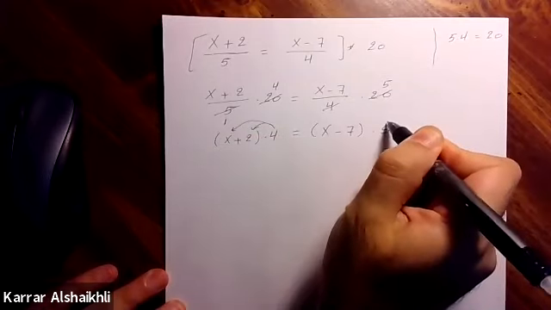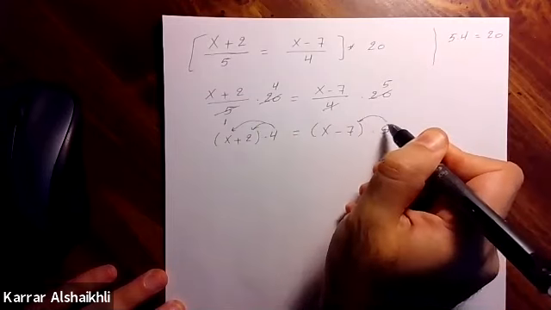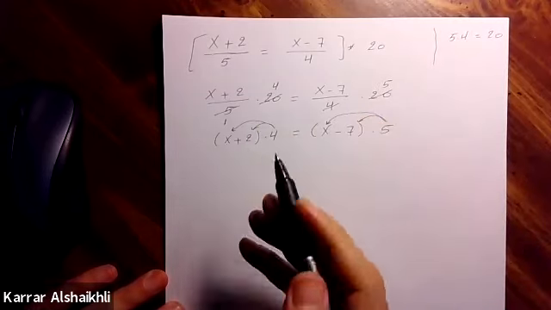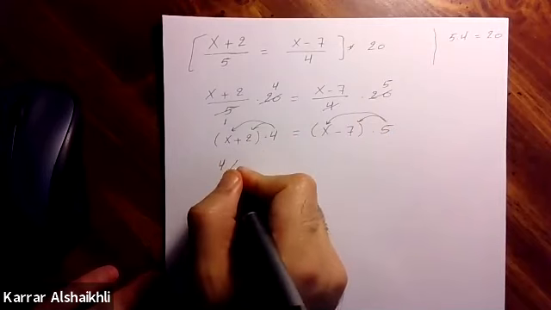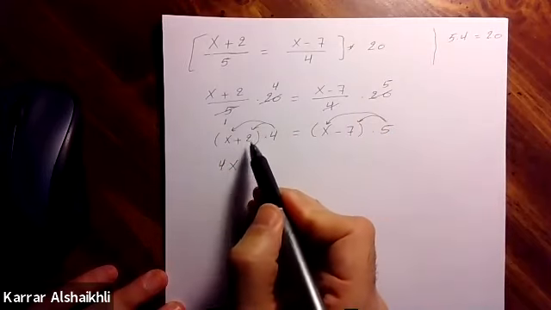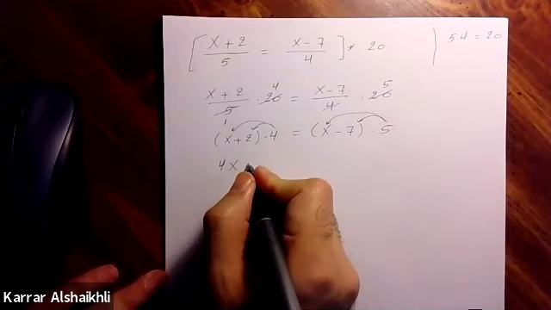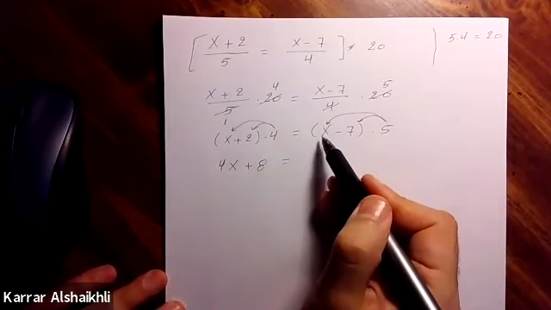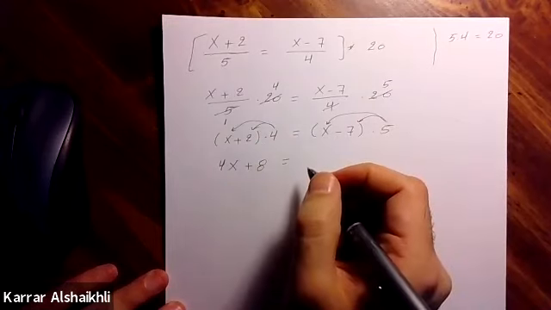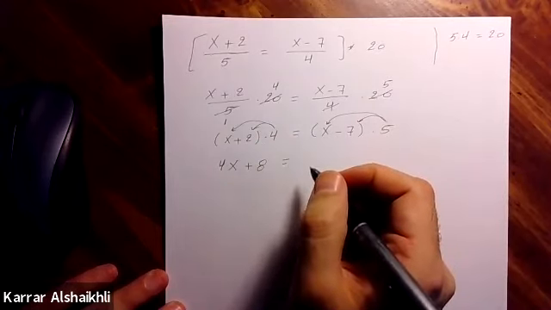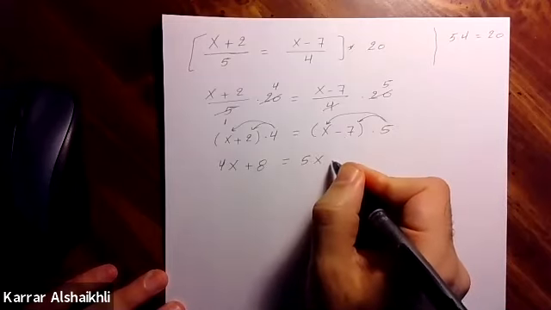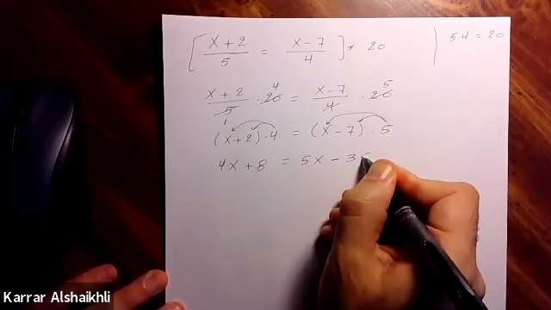And the same thing you're going to do to distribute here. 4 times x is going to be 4x. 4 times 2 is going to be plus 8. Equal. 5 times x is going to be 5x. 5 times 7 is going to be 35.